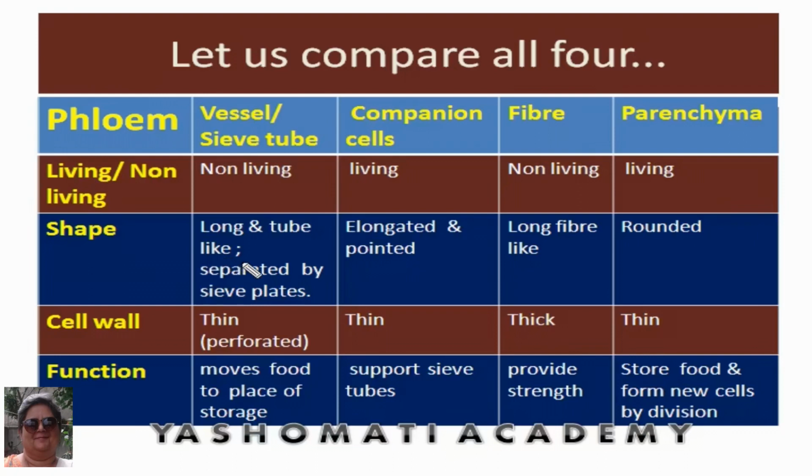Whereas if you compare the shape, vessels are long tube-like separated by the sieve plates, whereas companion cells are long with tapering ends, fibers are long fiber-like, and parenchymatous cells, as we know, are rounded in shape.